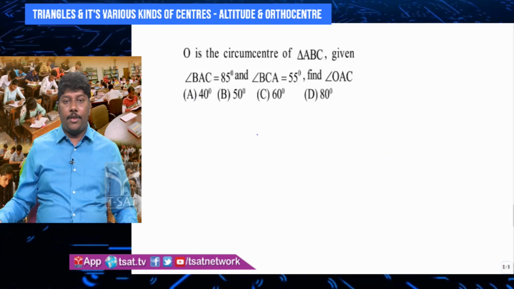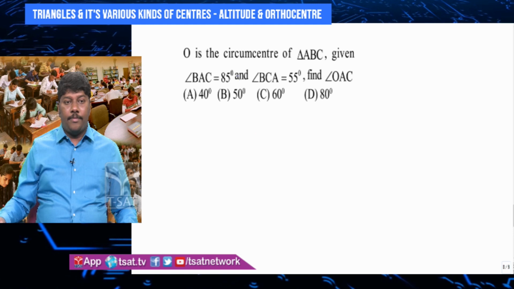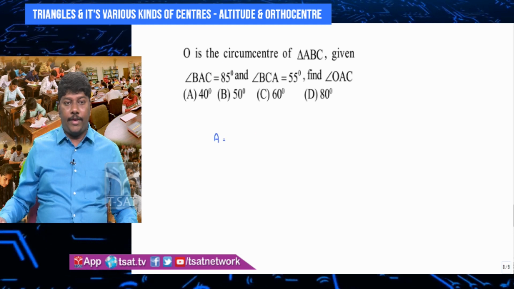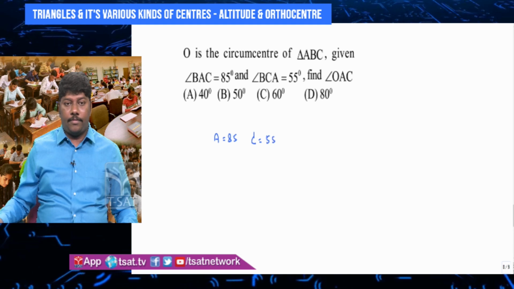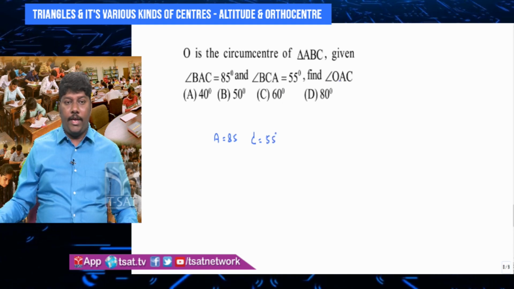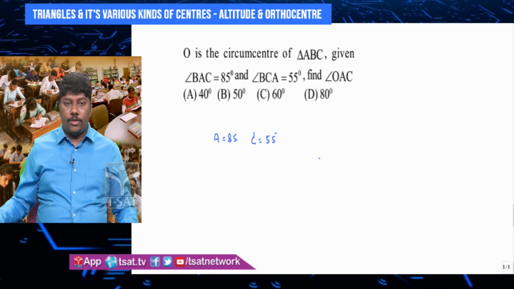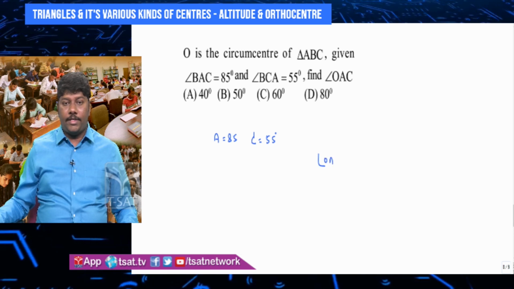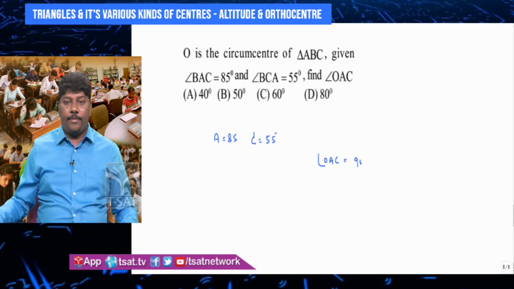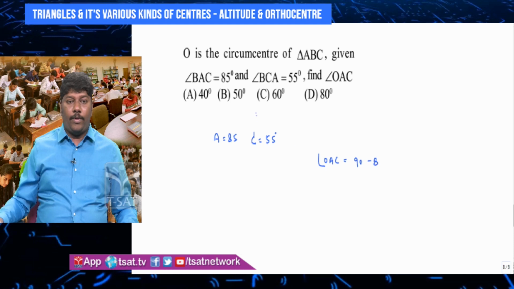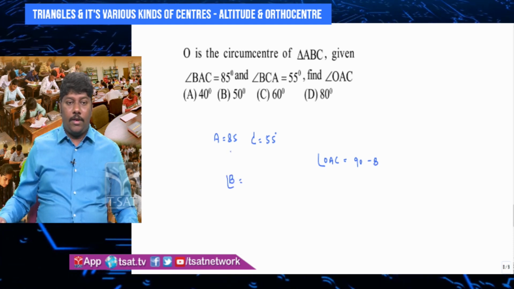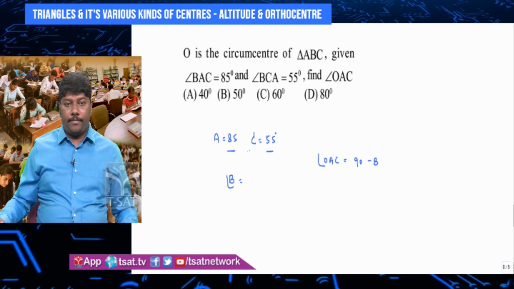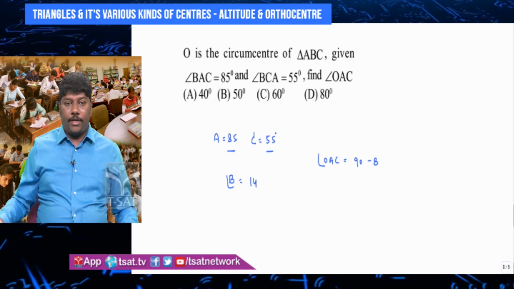O is the circumcenter of triangle ABC, given BAC, meaning angle A is equal to 85, angle C is equal to 55. Find OAC. So, we know angle OAC is equal to 90 minus angle B. What is angle B here? 85 plus 55 is 140.